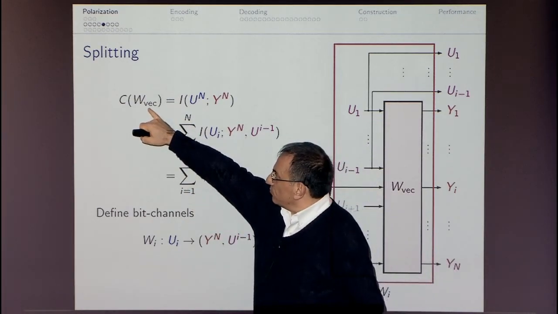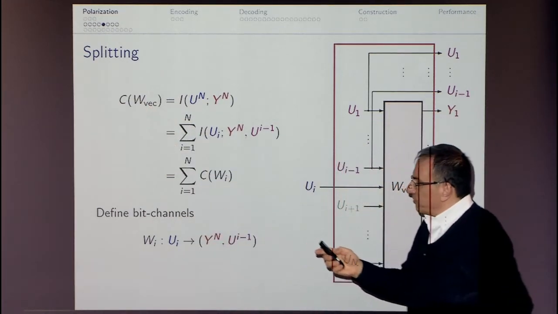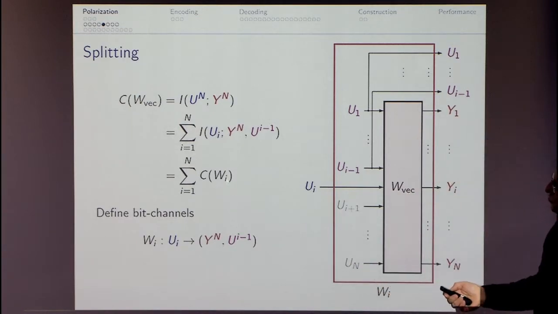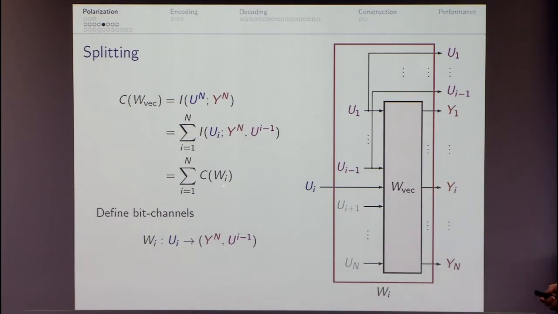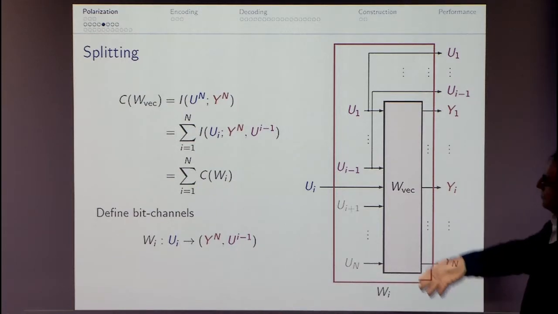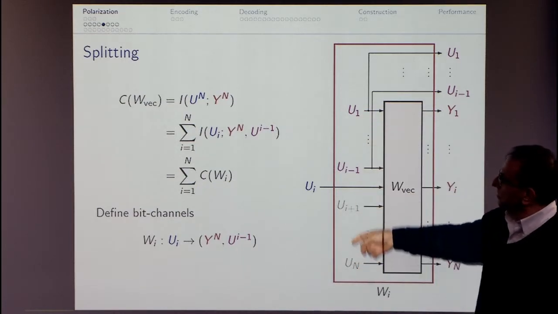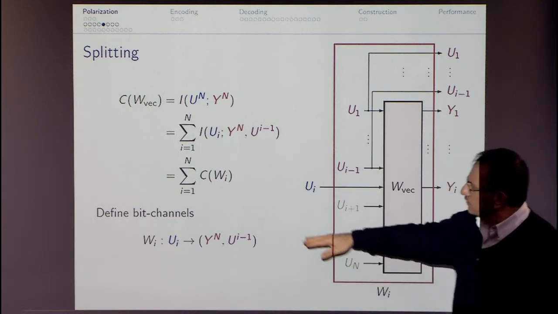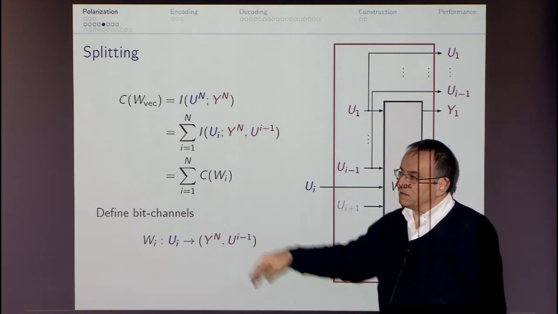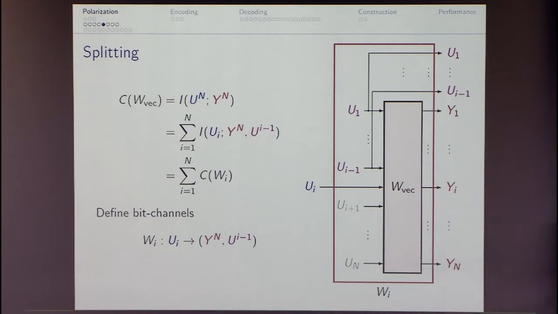In the splitting operation, we have split the total capacity of the vector channel into capacities of these individual bit channels, and we didn't lose anything. The total sum of the capacities is still equal to the sum capacity. Okay, so far so good. This is just playing with the chain rule.